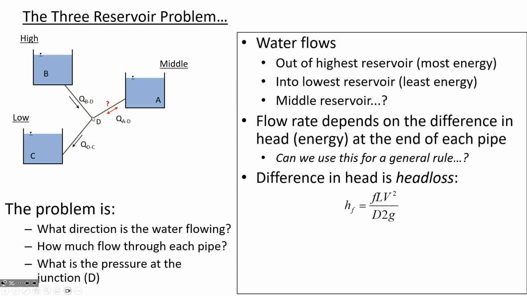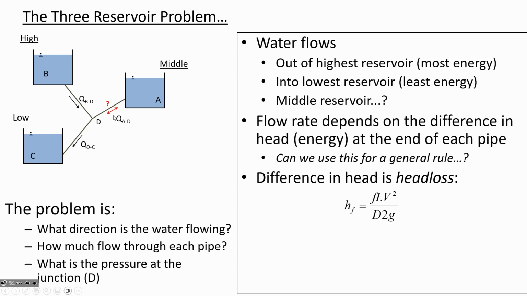So our process is calculating the head loss through each pipe based on some guess of what head there might be at D. And then we apply the continuity equation, because what we know is that the flow has to be conserved through this junction. Any flow that goes into the junction has to go out.